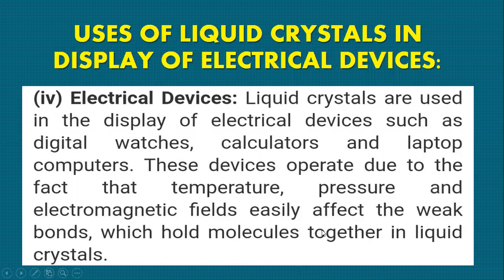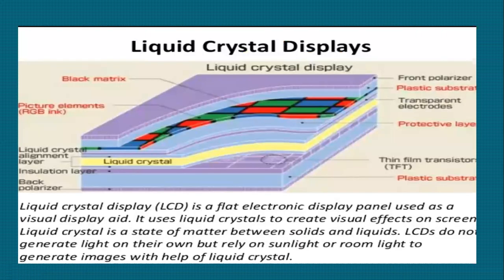This can be used in this way. A liquid crystal layer is imparted, which creates a visual effect on the screen. Liquid crystal is a state of matter between solid and liquid. LCDs do not generate light on their own, but they rely on sunlight or room light to generate images with the help of liquid crystals.